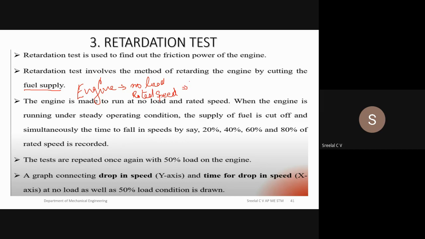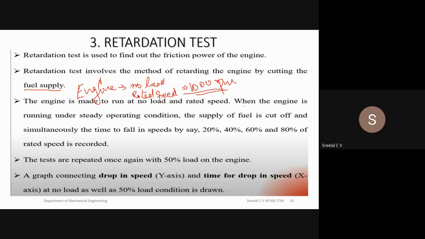For understanding, we can take the rated speed as 1000 rpm. Then we will allow a few minutes for idling and everything for the engine.